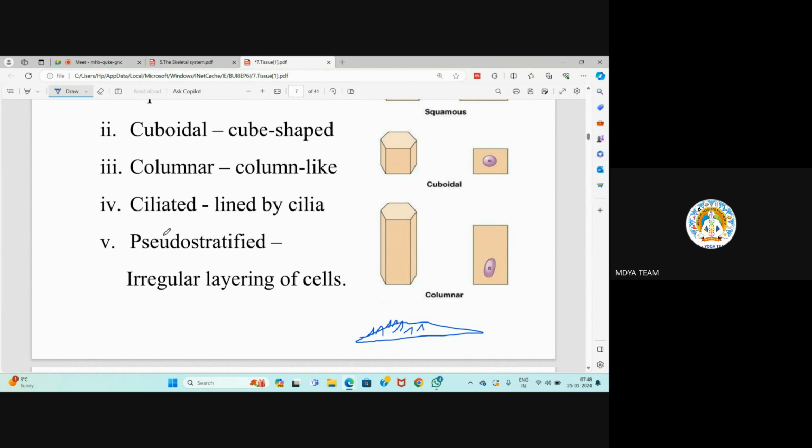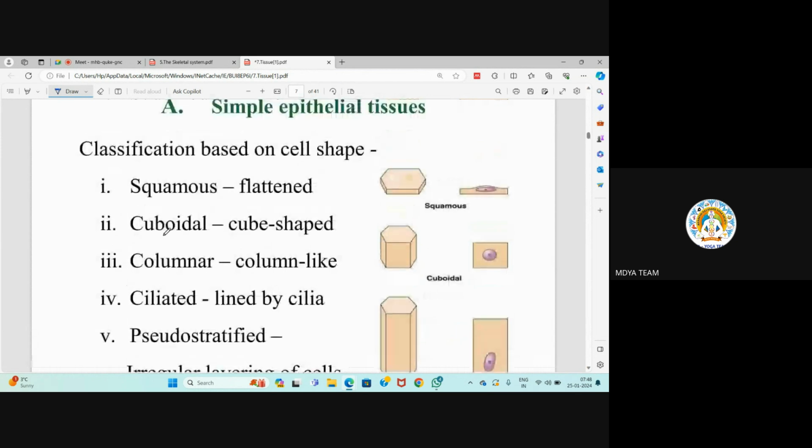But what is meant by pseudostratified together means it will appear like this tissue is having more than one layer, but actually it is not having more than one layer. This is a part of single layer, but it will appear like it is creating more than one layer. So it will give a false assumption because of its structure. But it is part of simple epithelium.